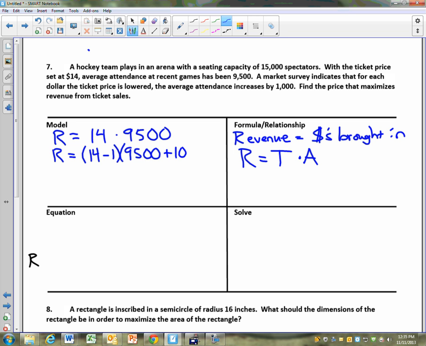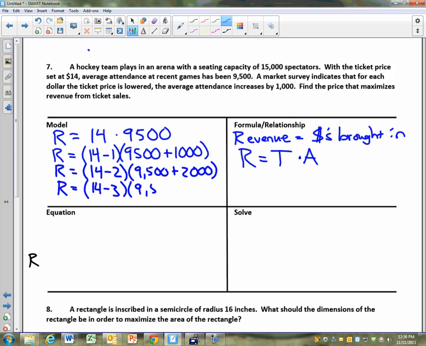Plus 1,000. How about 14 minus 2? If I lowered it $2, then I'd have 9,500 plus 2,000. If I had 14 minus 3, I'd have 9,500 plus 3,000.